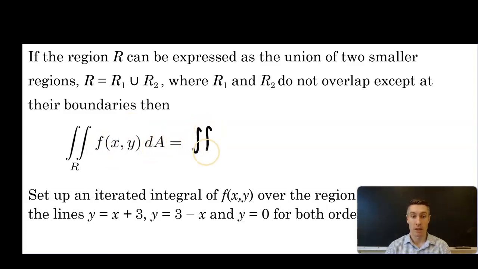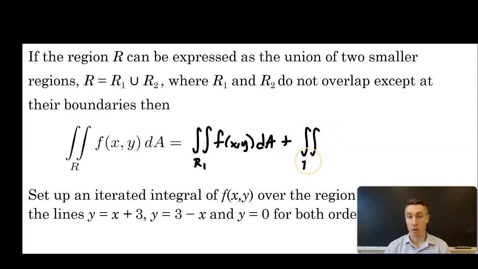So this is the double integral over R1 of the function plus the double integral over R2 of the function. So if the region can be expressed as the union of two smaller regions, then we can break up the double integral as a sum.